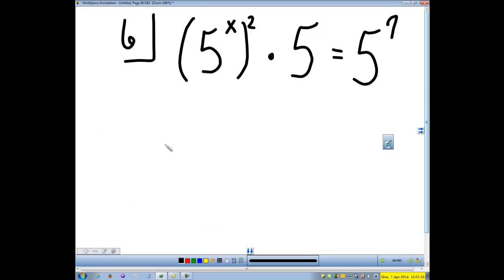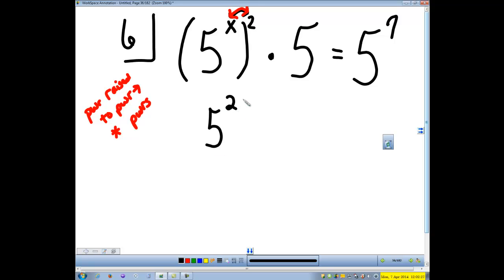Last example. In this problem, I still have two bases on the left side. PEMDAS says take care of the parentheses first, and I have a power raised to a power. The law of exponents says when we have a power raised to a power, we multiply the powers.